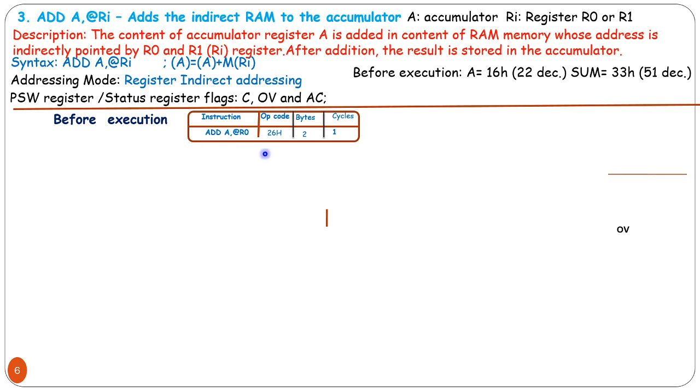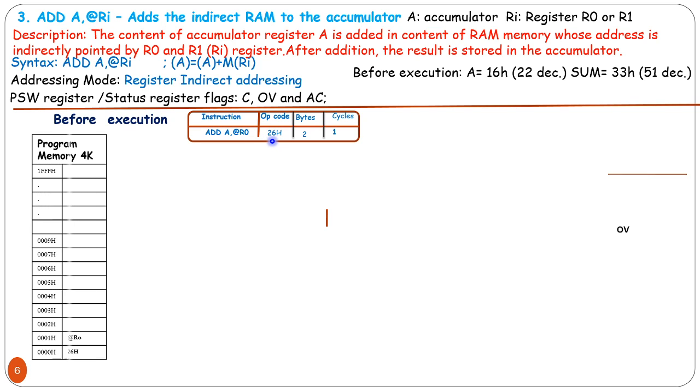Before execution, ADD A, @R0: this R0 register indirectly addresses the random access memory content, and that content is added to the accumulator register. The operation code for it is 26H.